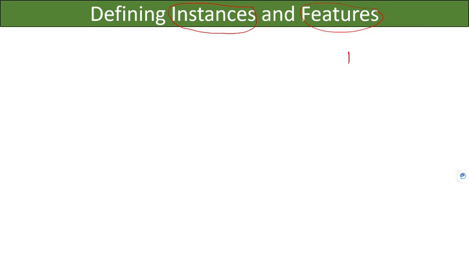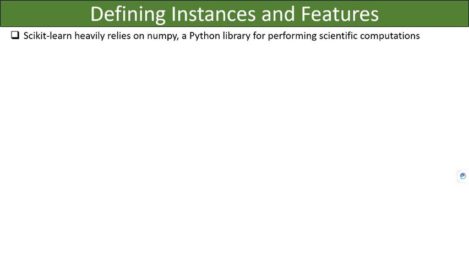In a data set, when you start implementing your model for the given data set, you will get instances and you will get features. Then you can build your model easily. So let me give a quick overview of what instances and features mean.